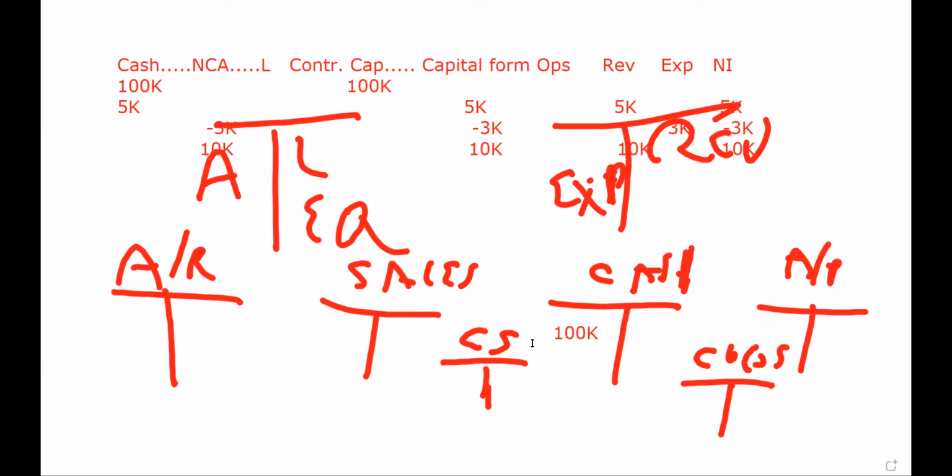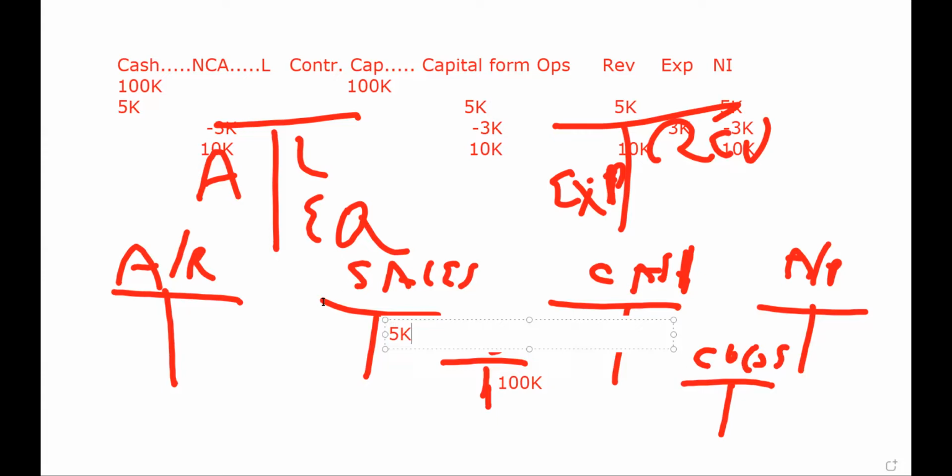We're using T accounts. Then I go over to my sales of $5,000. Sales are on the right. That's why it's tried in the income statement: sales revenue on the right, expenses on the left.